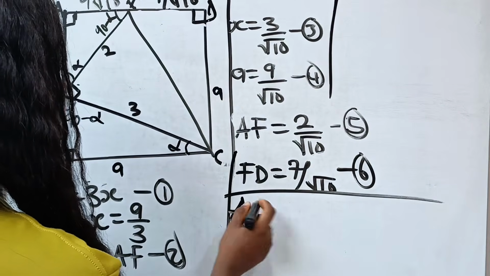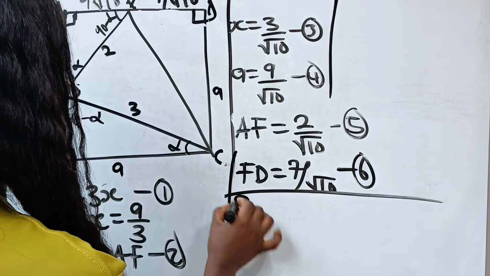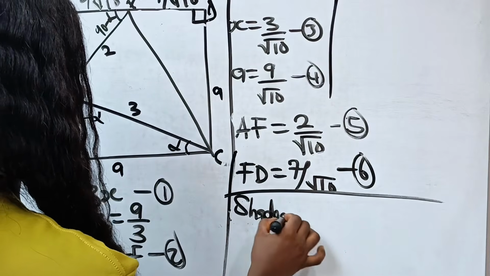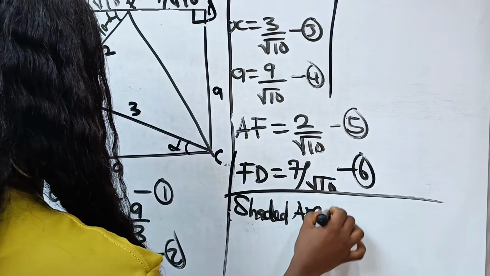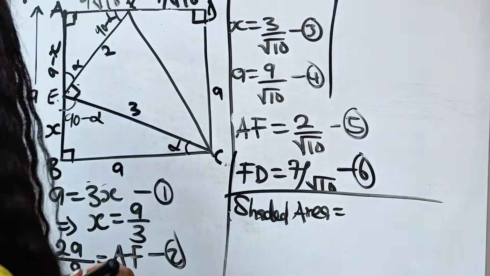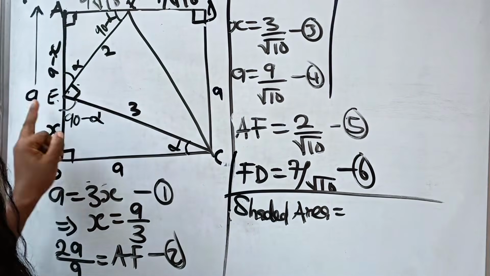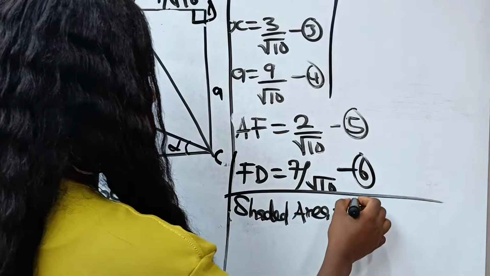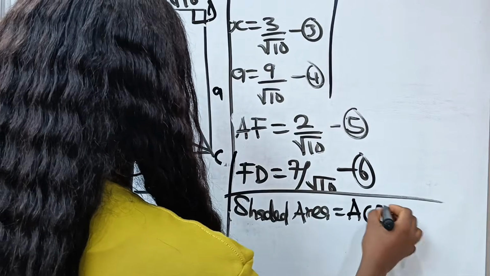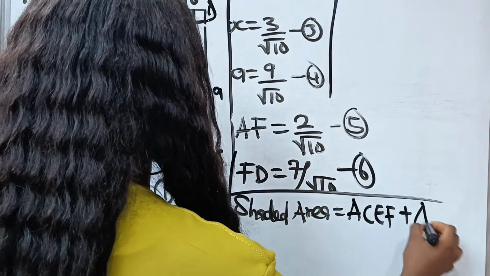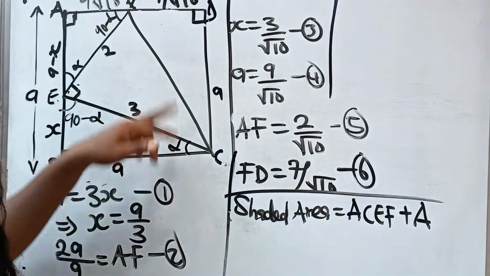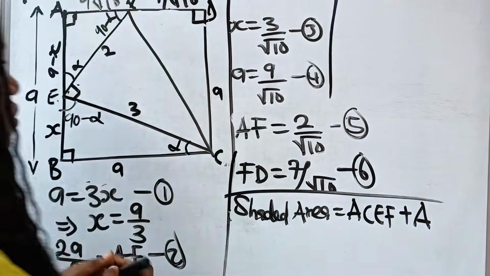So the area of the shaded portion, the shaded area, will now be the area of triangle CEF plus the area of triangle CDF.